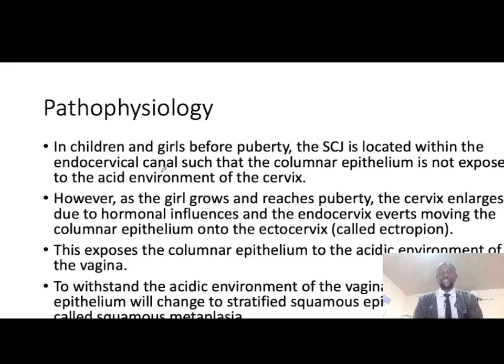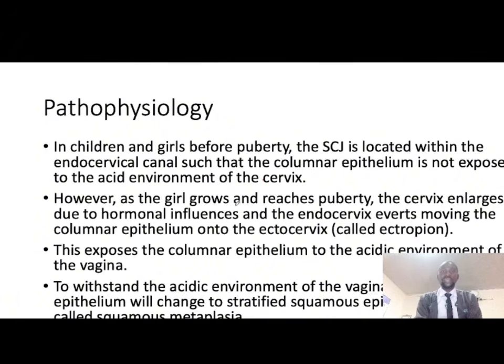That's where you find this transition, such that the columnar epithelium during this period is not exposed to the acidic environment of the vagina.